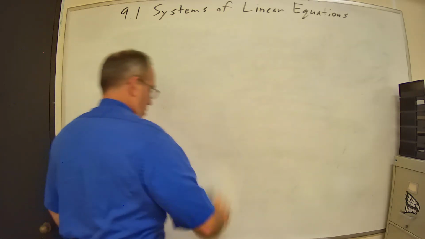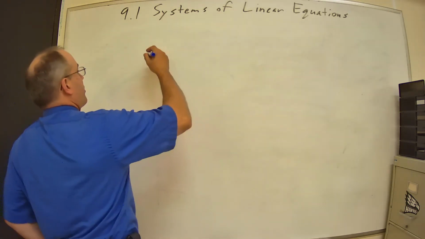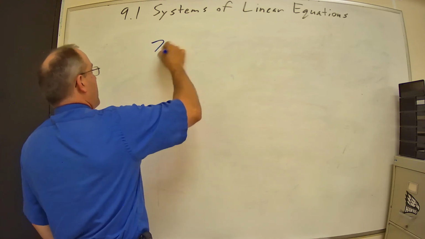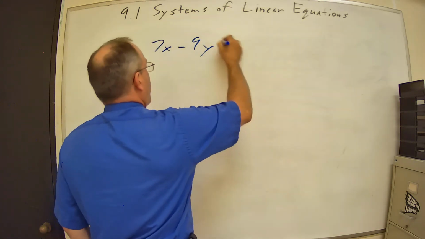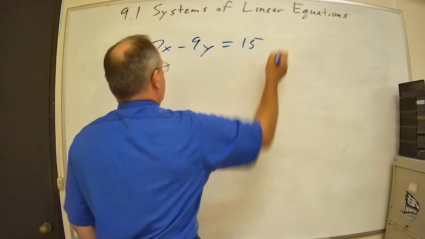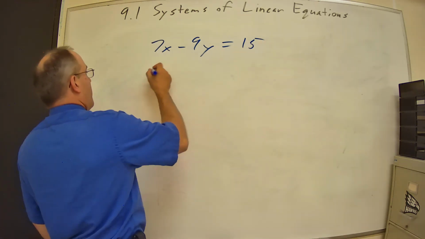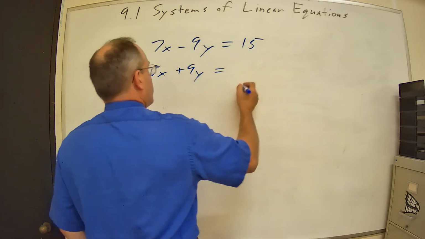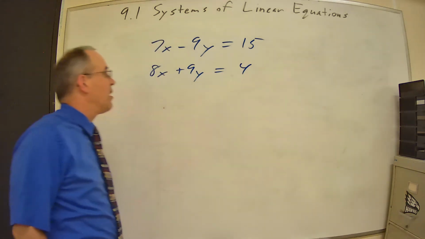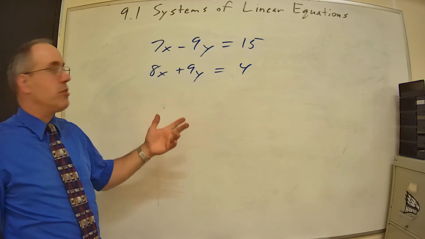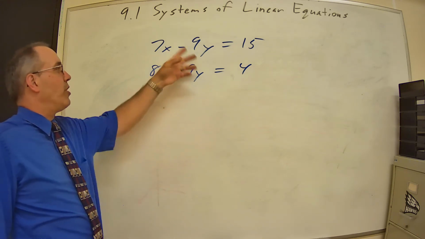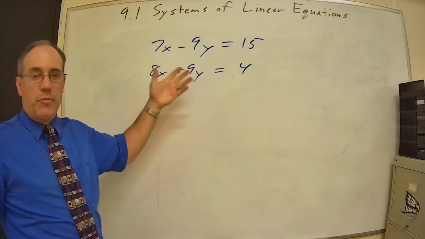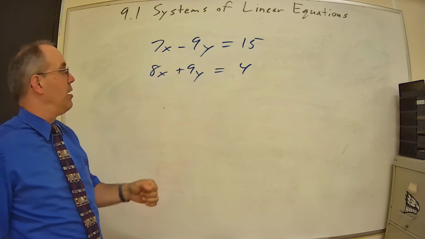Whereas, if you have something like this, 7x minus 9y is equal to 15, and 8x plus 9y is equal to 4, we should look at this and go, well, gee, I don't want to solve for one of these variables and have to plug in some nasty fraction.